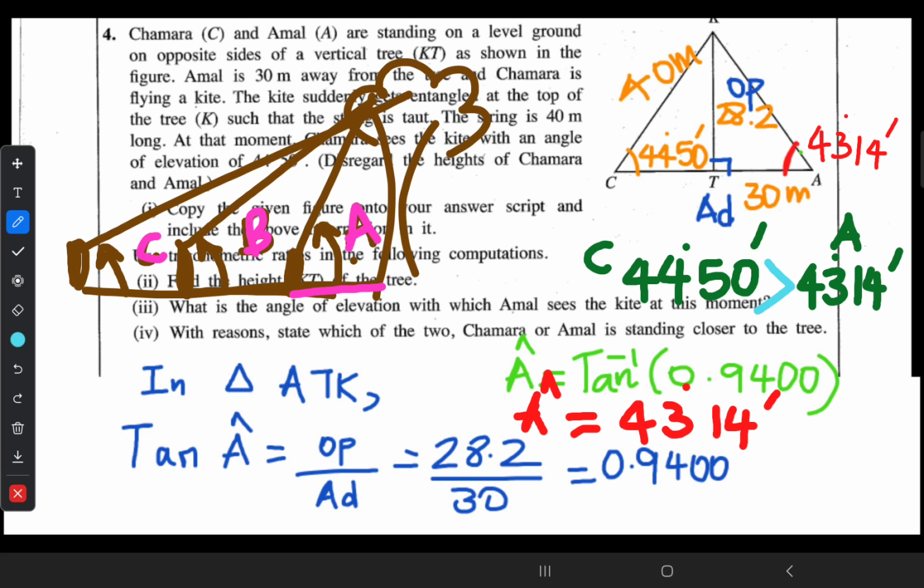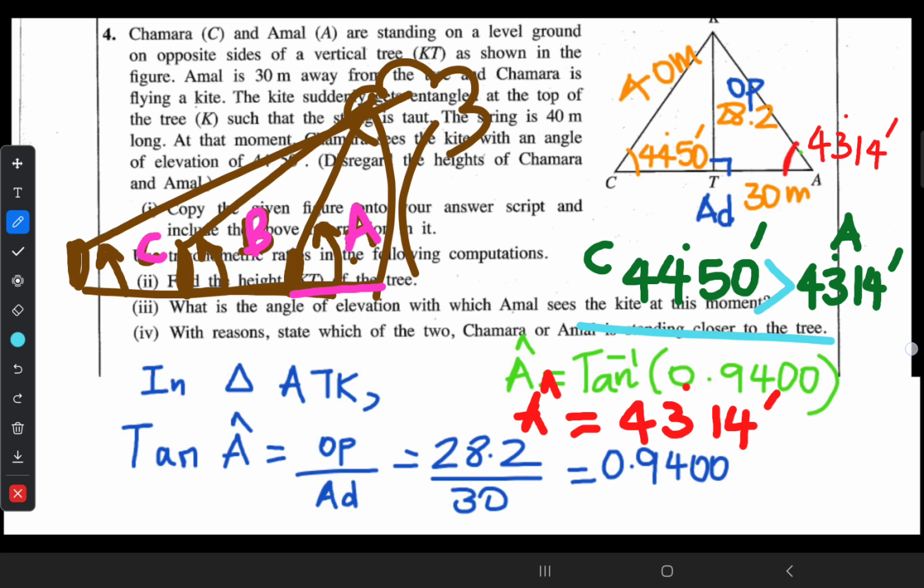I'll repeat again. If you are standing near to the tree, your angle of elevation is high. When you are going away from the tree, your angle of elevation will gradually decrease. That's what happens. Even though the difference between these two angles is just about 1 degree and 36 minutes, that's very small, but somehow in that small margin, Chamara is the winner.